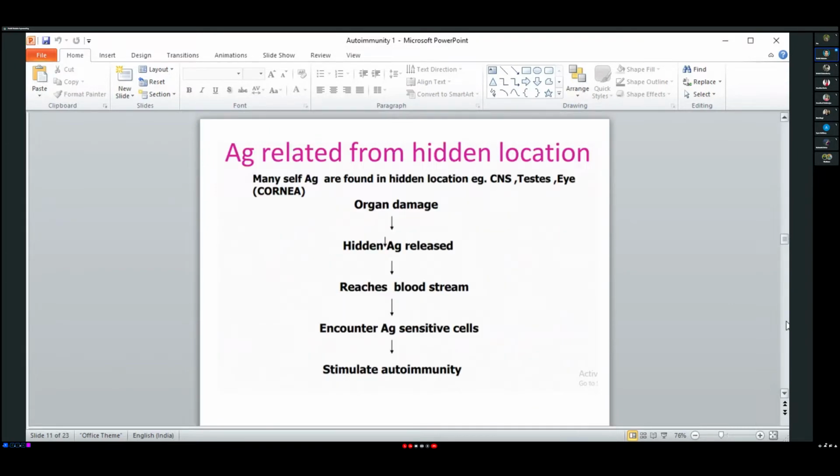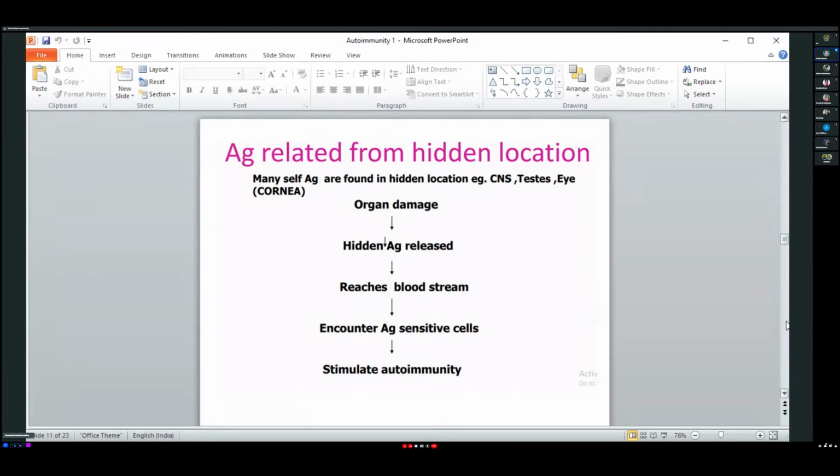One example: some antigens remain hidden in our CNS, central nervous system, in our testes, in the cornea region of the eye. Until and unless these antigens are exposed to the blood circulatory system or lymph system, no antibody attacks them.